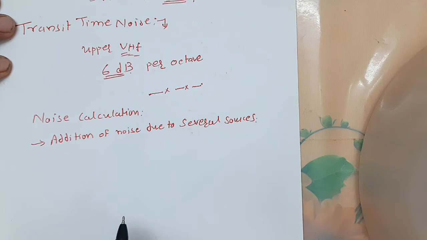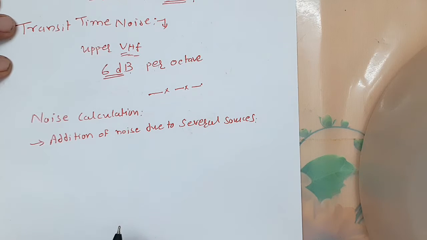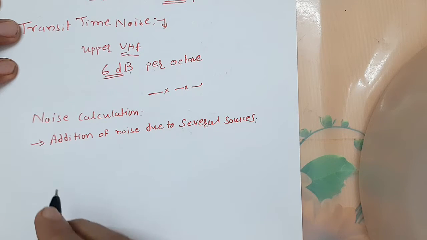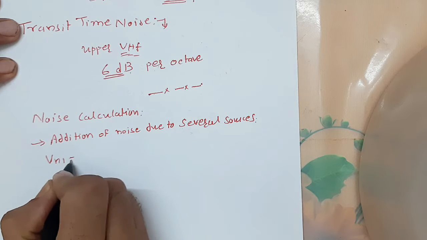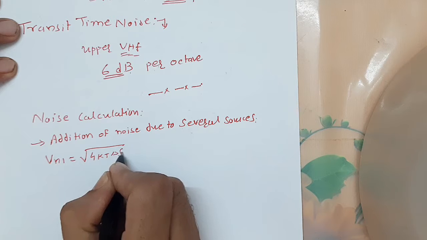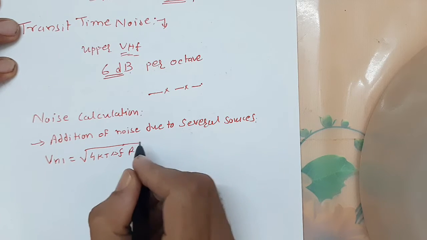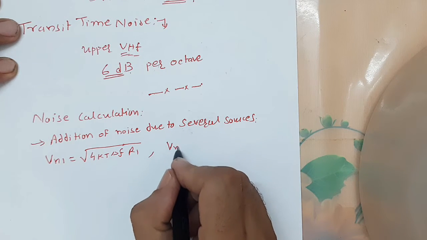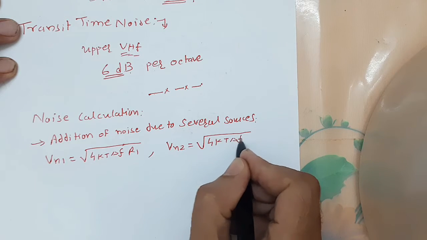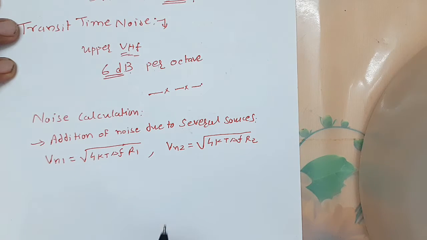Let us assume there are two sources of thermal agitation noise generators in series. The first source Vn1 is equal to under root of 4 kT delta F R1, and the second source Vn2 is equal to under root of 4 kT delta F R2.